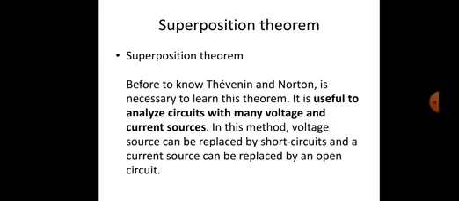The superposition theorem states that a circuit with multiple voltage and current sources is equal to the sum of simplified circuits using just one of the sources.